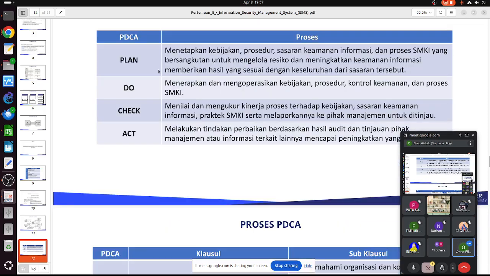Okay, and do is to implement and operate what we are planning, and this part is the most difficult part. If we want to make sure what we are doing is properly implemented, we need to have a good human resource in this do section.